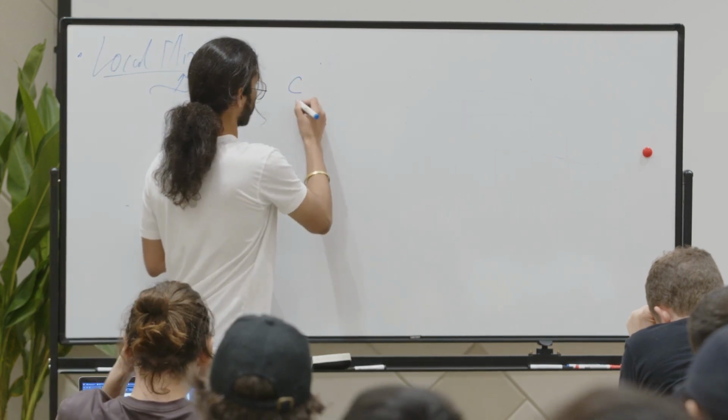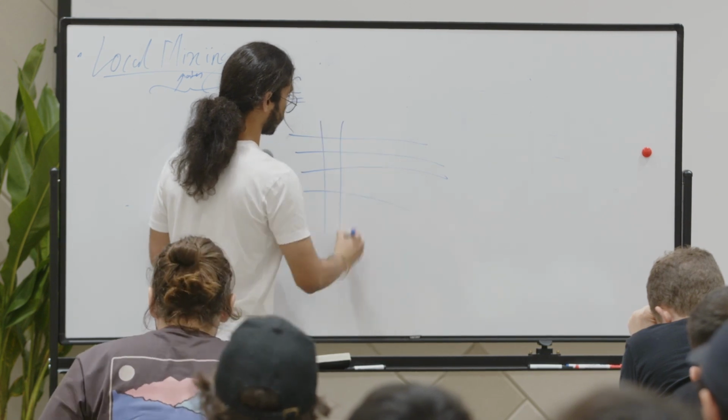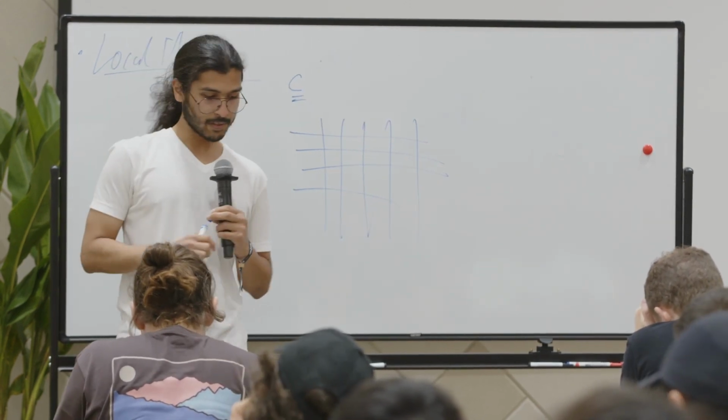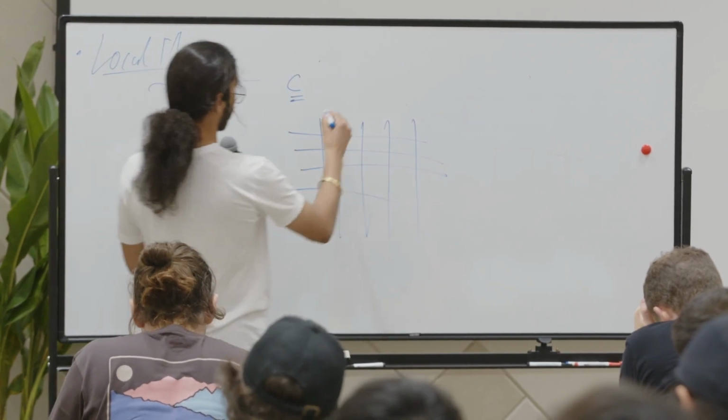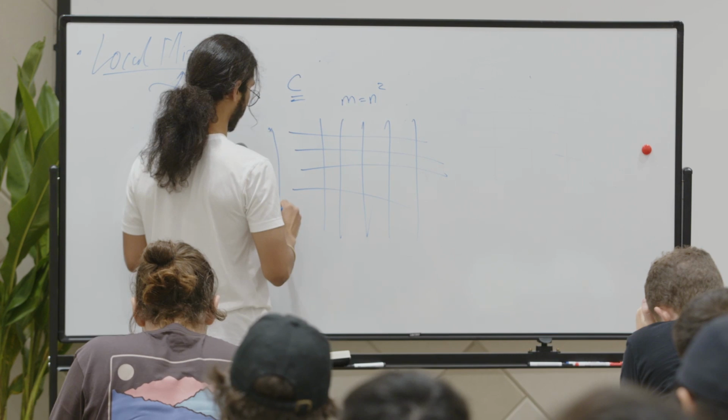Let's just have circuit C. What is circuit C? Again, a reversible circuit. And this is again with m equal to n square, and n is the number of wires.